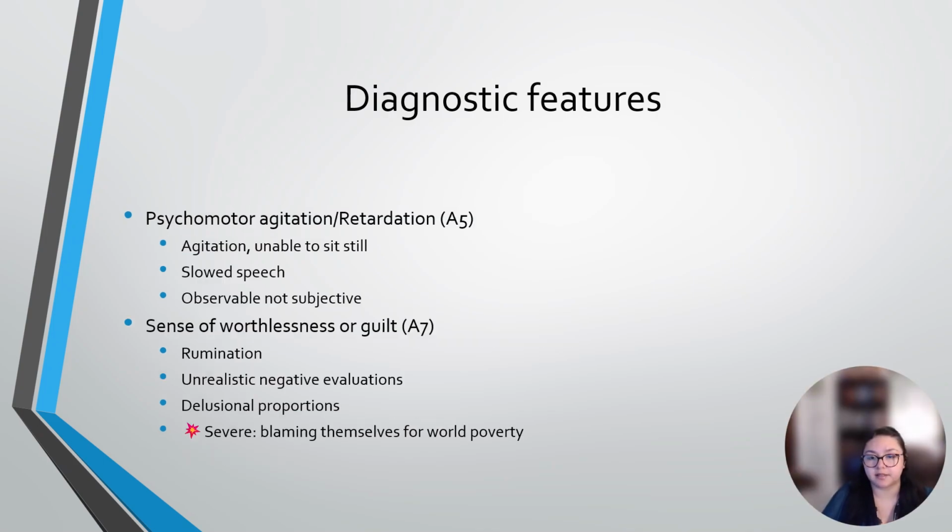Here we have diagnostic features 5 and 7. So here we talk about psychomotor agitation and retardation. Agitation is characterized as inability to sit still, pacing, hand wringing, pulling, rubbing of the skin or other objects.